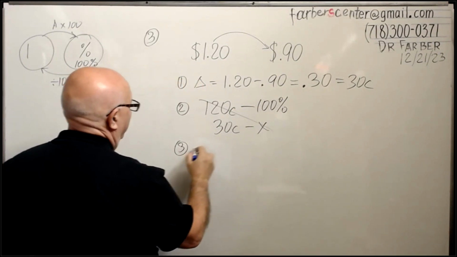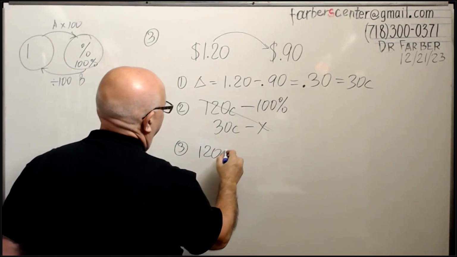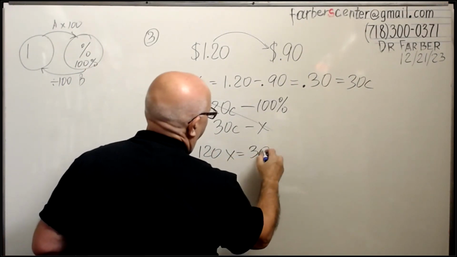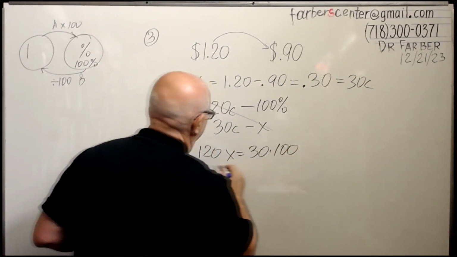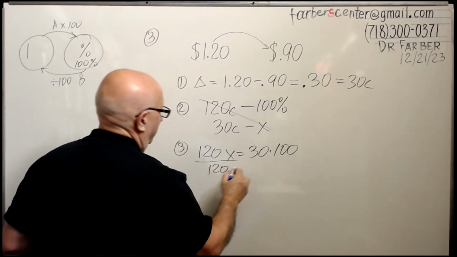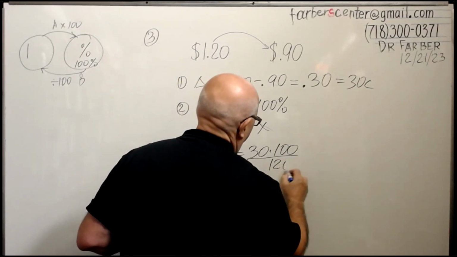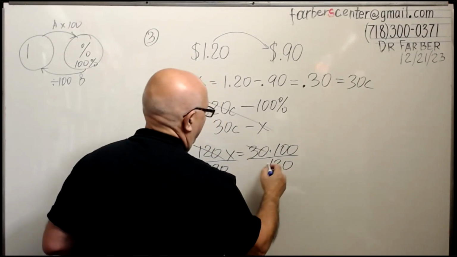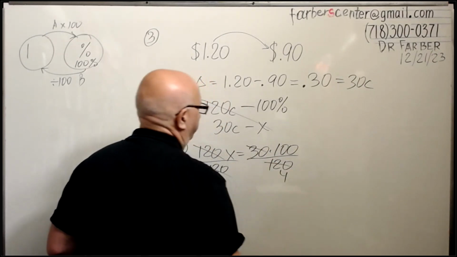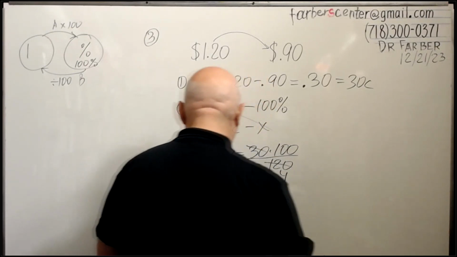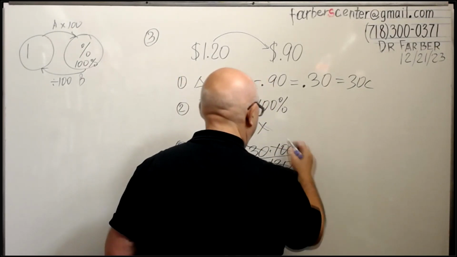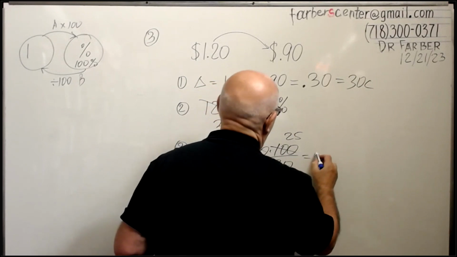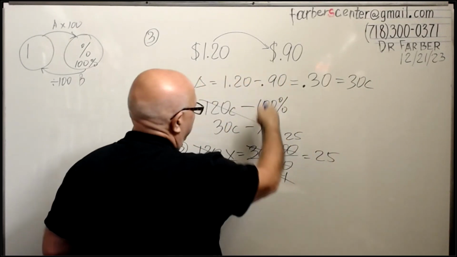Step number 3: cross multiply. 120x equals 30 times 100, divided by 120. 30 goes into 120 4 times, and 4 goes into 100 25 times. And the unit of measurement is percentage discount.